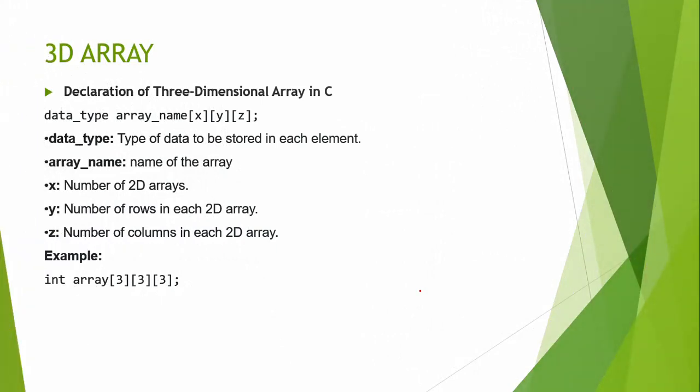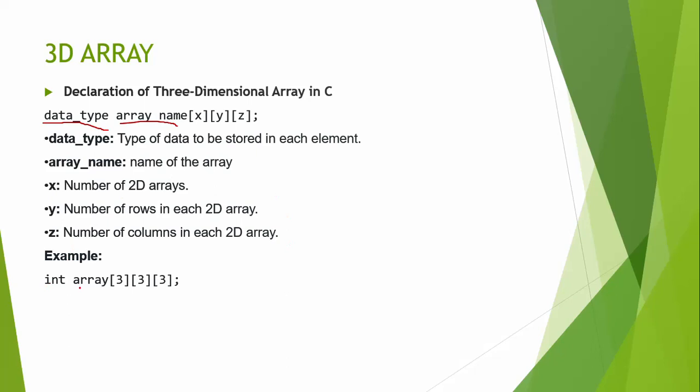Now we are going to see the syntax for a three-dimensional array. Same as before, you have data type, array name, and then x, y, z. X represents the number of two-dimensional arrays, y represents the number of rows in each two-dimensional array, and z represents the number of columns in each two-dimensional array.